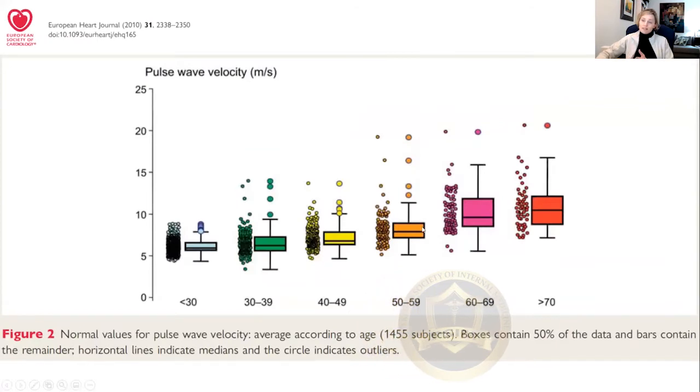In terms of arterial stiffness, measured by the gold standard measure of pulse wave velocity, in normal healthy individuals you see this trajectory of increased arterial stiffness with increased age. So this is something that does occur; this elastic degeneration with age normally occurs.